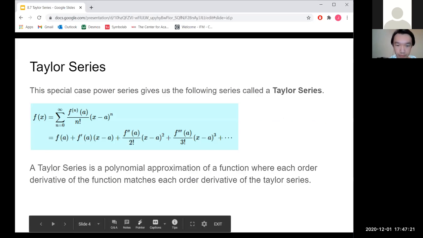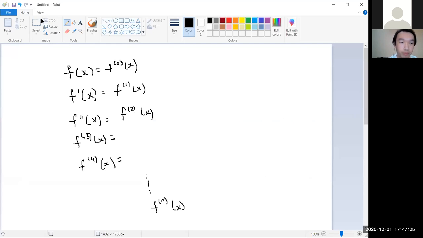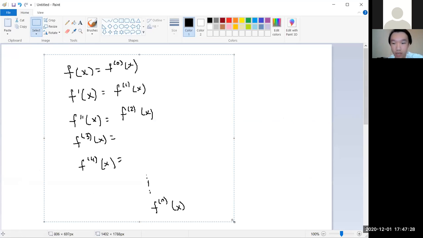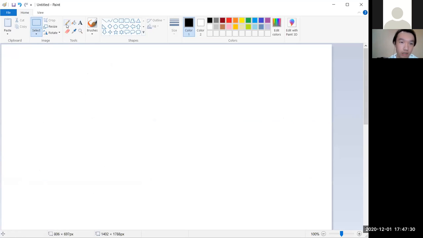Let me write it out here. Let's say I have a function f of x, and let's say I have the function equal to a Taylor series, like this. So this right here is the Taylor series for f of x.